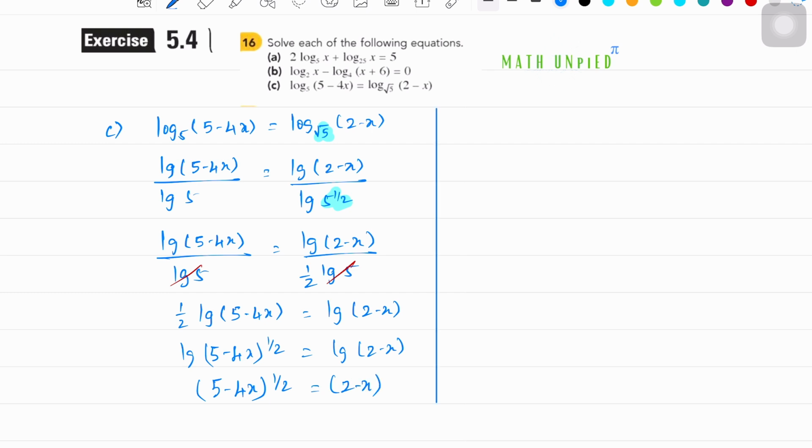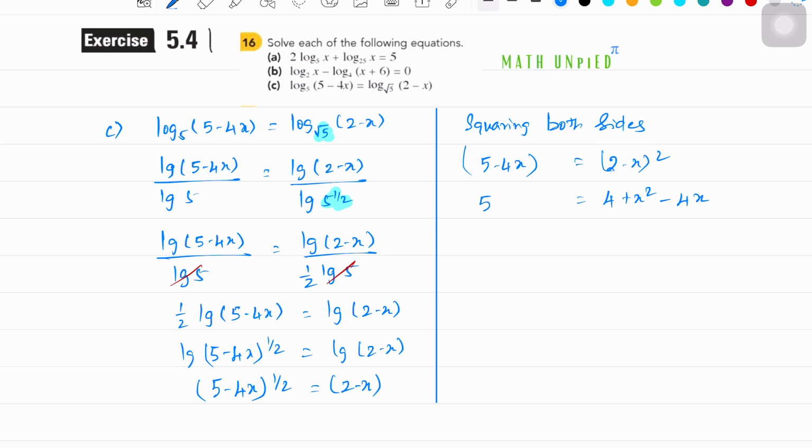If you square both sides, 5 minus 4x power half, if you square it, square root is removed and the right hand side will be 2 minus x the whole square, which is equal to 4 plus x squared minus 4x. And what is the left hand side?